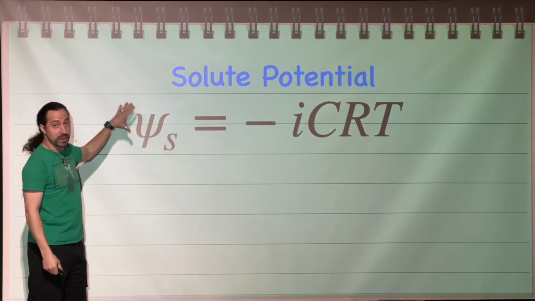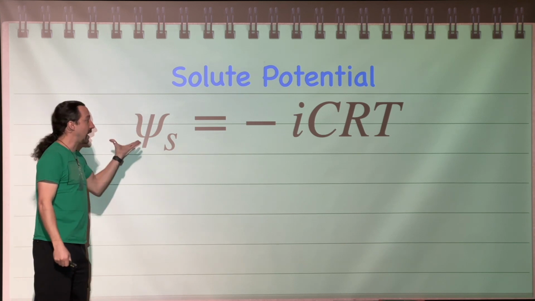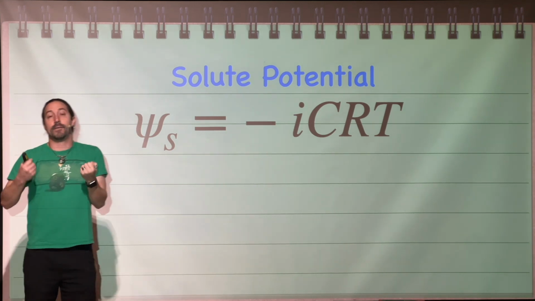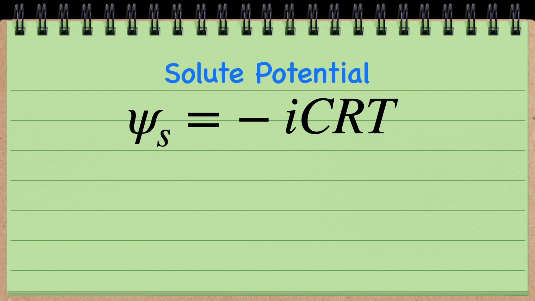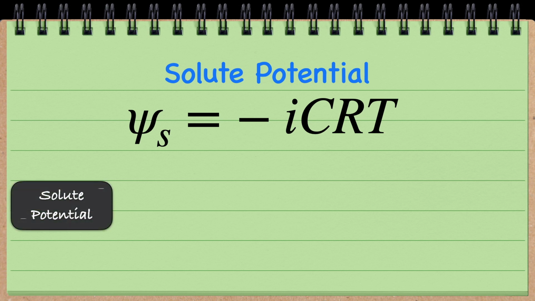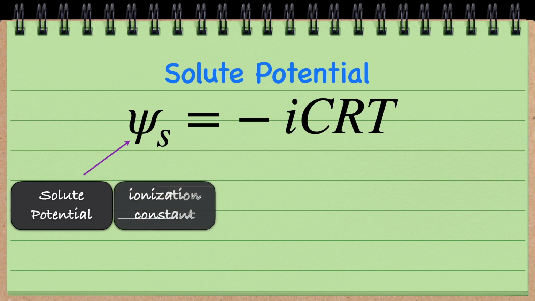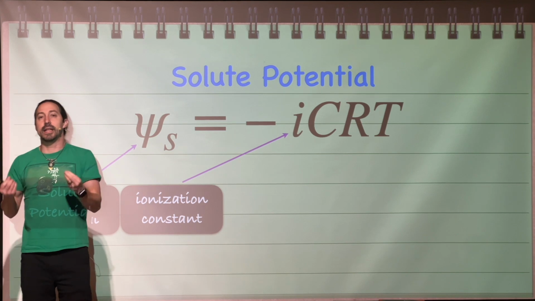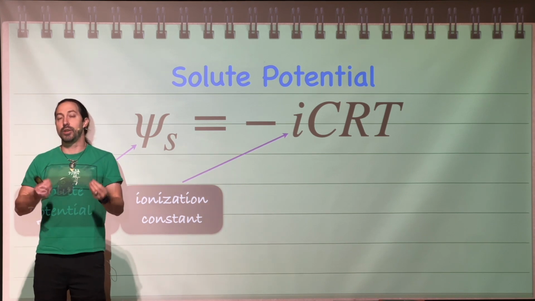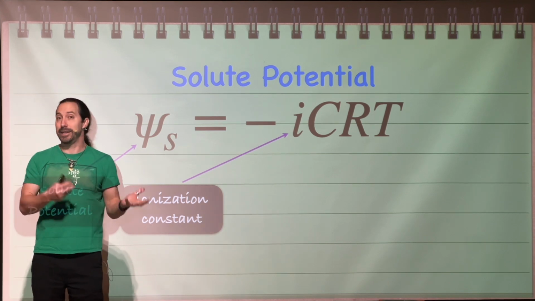The calculation for solute potential would be this. The solute potential is equal to negative iCRT. The i is the ionization constant. What that means is the number of particles that your solute will break into.